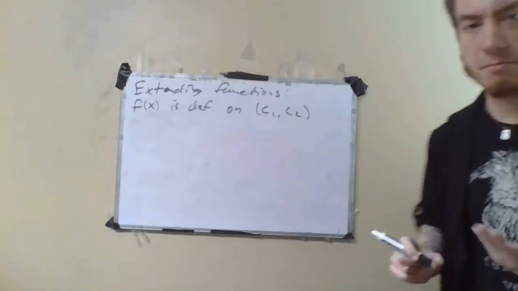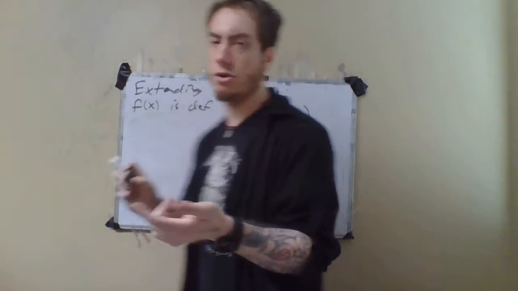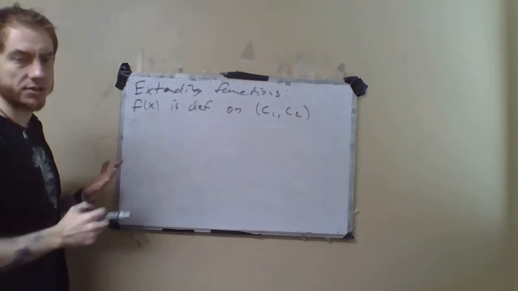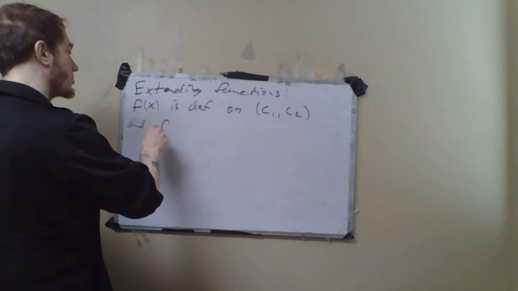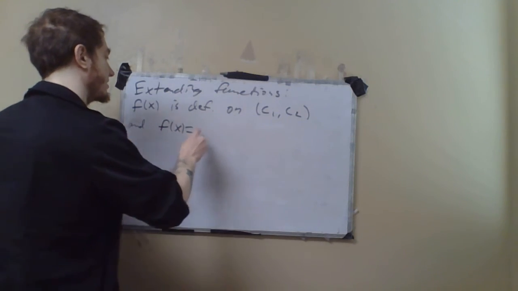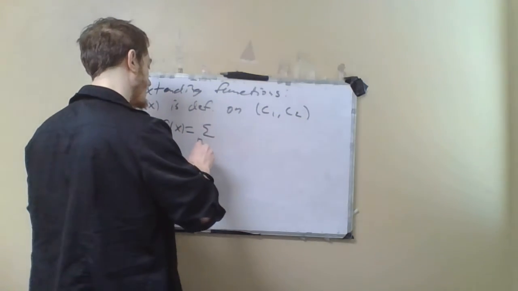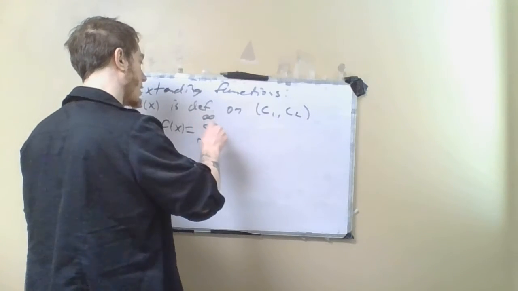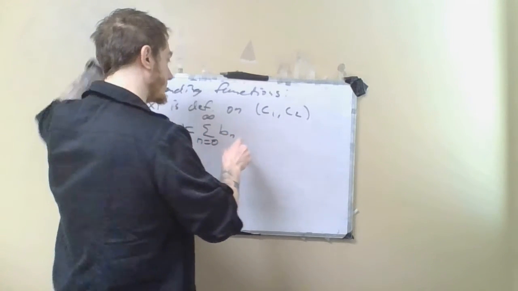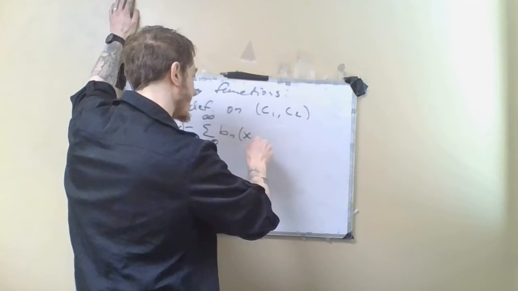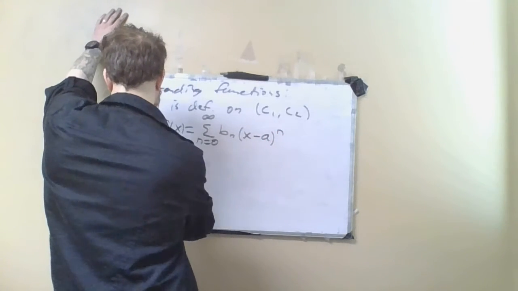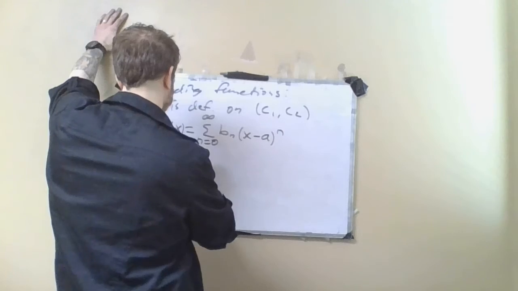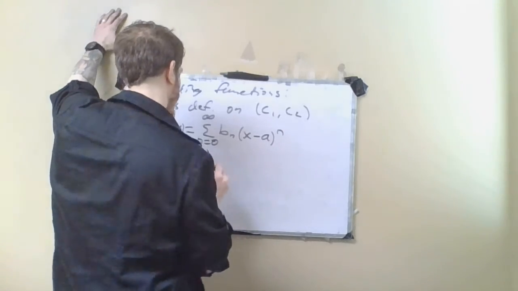So we're going to allow the possibility that c1 and c2 could be minus infinity and plus infinity as well. And let's suppose that f of x is equal to the sum from n equals 0 up to infinity of b_n times (x minus a) to the n on the whole interval from c1 to c2.